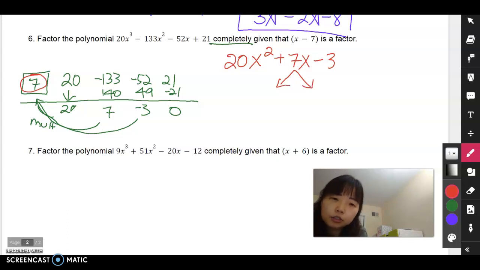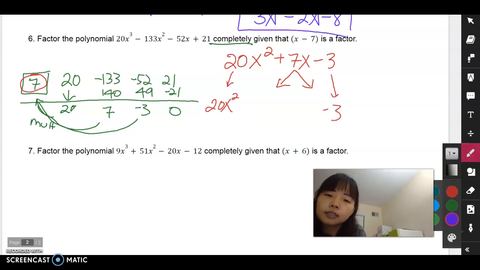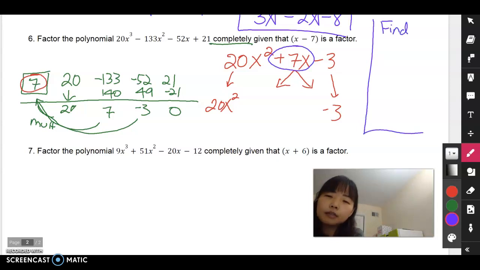We need to make this into 4 parts, remember? So the first part stays, the last part stays. The middle, the 7x, we need to break into 2 parts. How? Find 2 numbers that multiply and make negative 60.